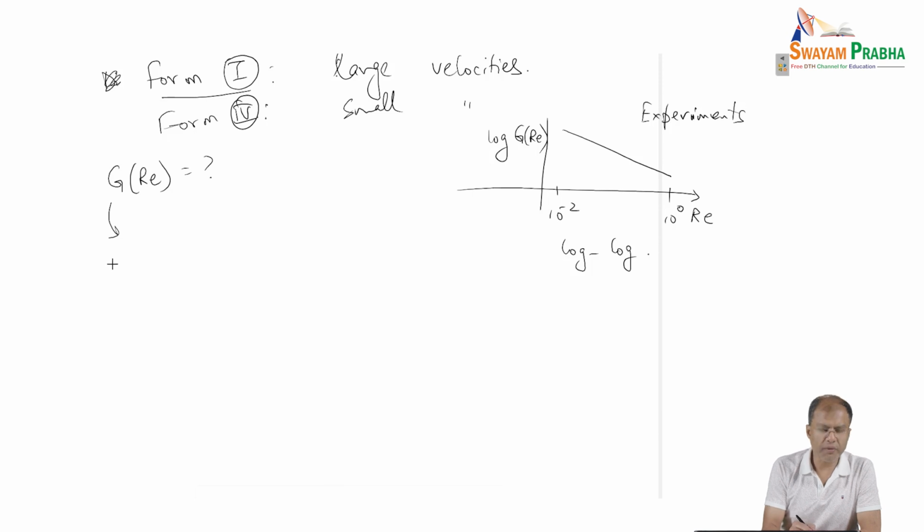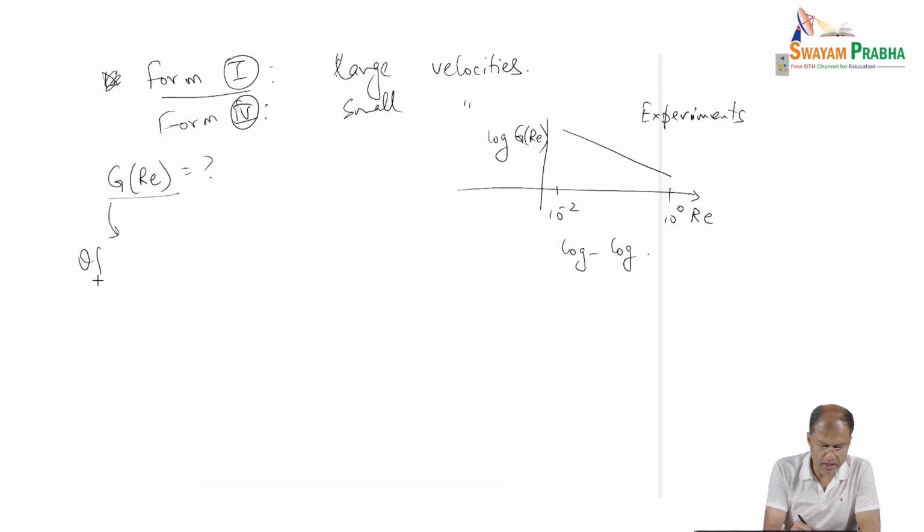It is very important for people working in this area of fluid mechanics to know what this function g of Re is for small values of Re, or low Reynolds number. Re is the so-called Reynolds number.